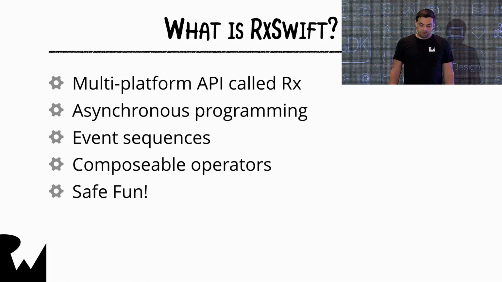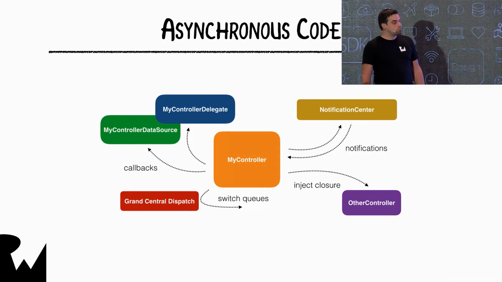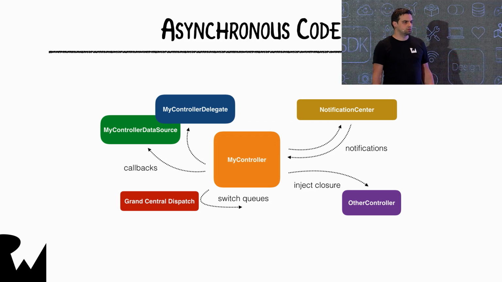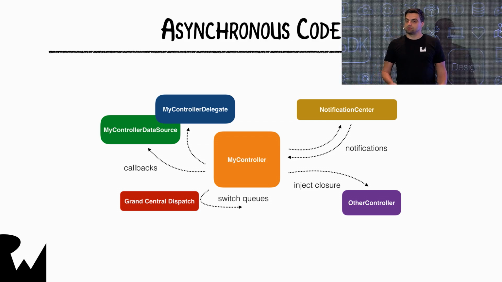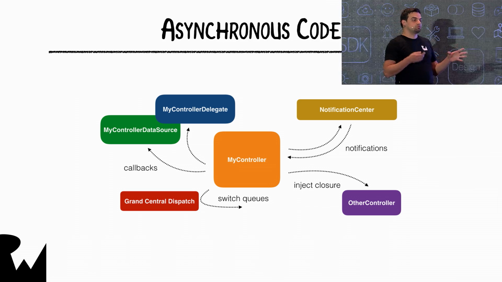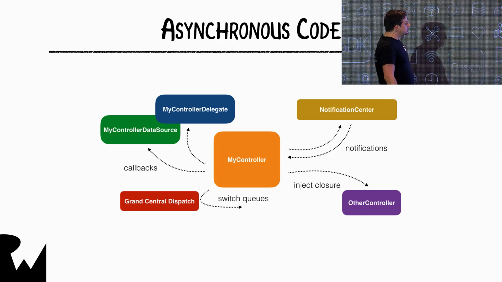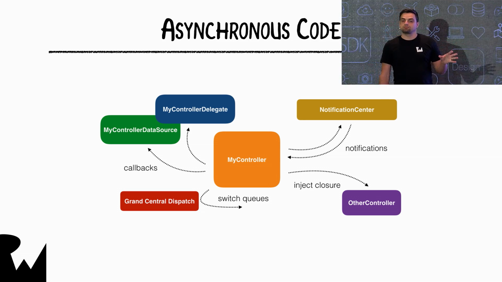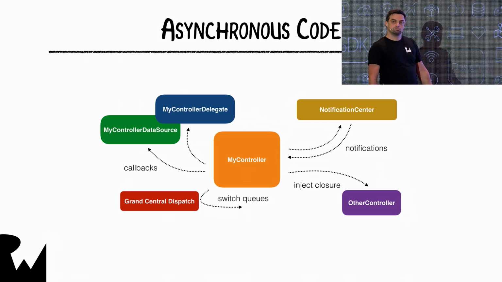All right, so with that, what is wrong with asynchronous code? Don't we already write asynchronous code quite a lot, especially for iOS? Sure. All of our programs are asynchronous. I mean, we have UI, we have all the things happening at the same time, so we never really think about that. Well, yeah, that's true. The Apple APIs are really good. However, maybe they're too good, right?